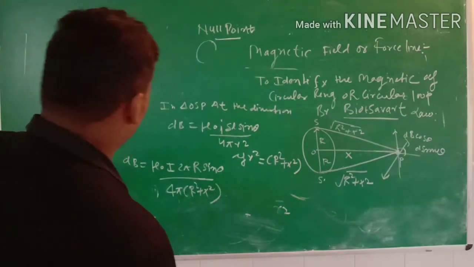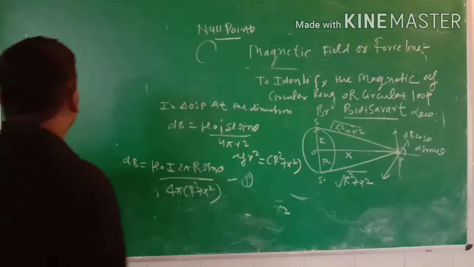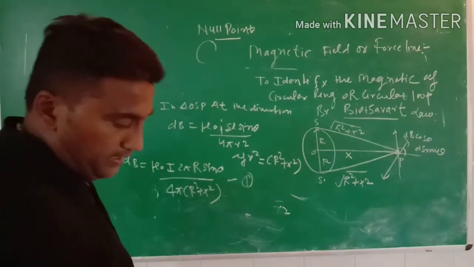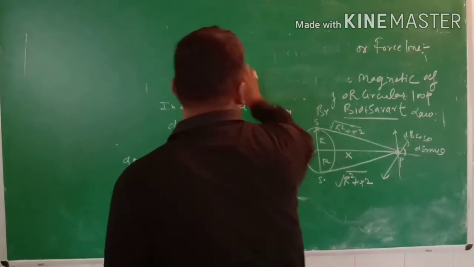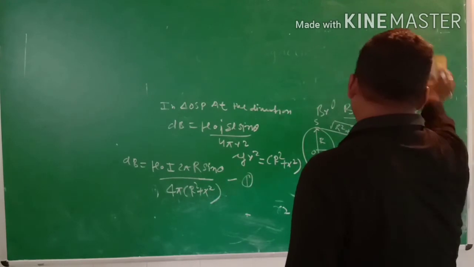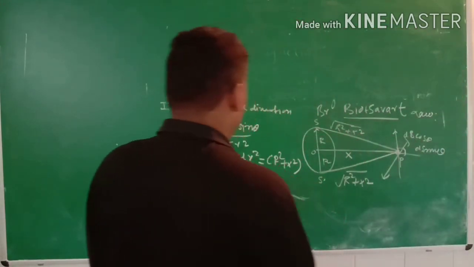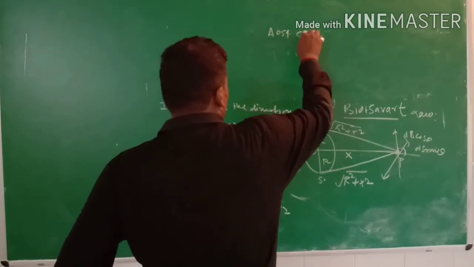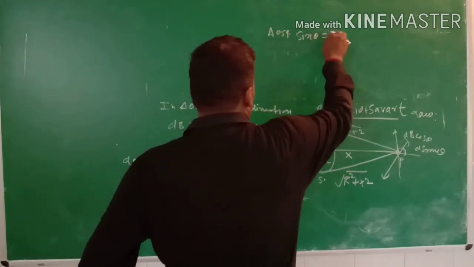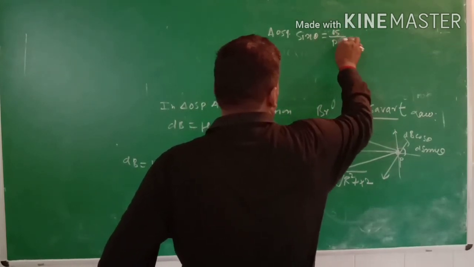Now we identified that this is equation 1, and we can identify the value of sin theta from this relation, triangle OSP. Sin theta is equal to perpendicular upon hypotenuse.